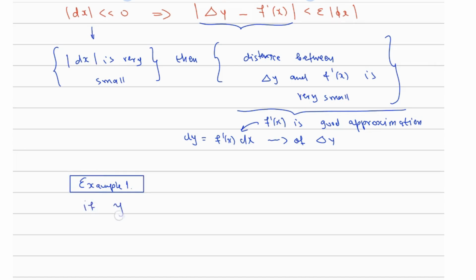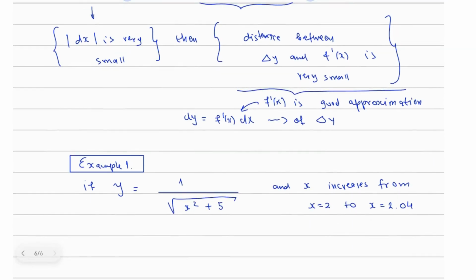If y equals the square root of 1 over x squared plus 5, and x increases from x equals 2 to x equals 2.04, find the approximate change in y.